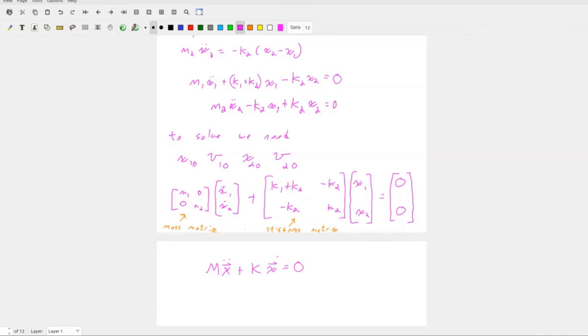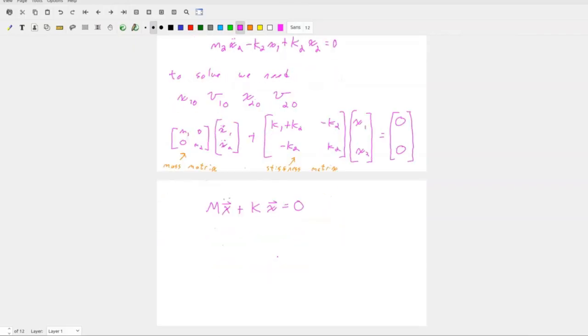And then we have x vector, x dot vector, and x double dot vector for our displacement, our velocity, and our acceleration. And so we can also write x0 vector is equal to x1 of 0, x2 of 0. Just writing it in a different notation so you know they're all the same.